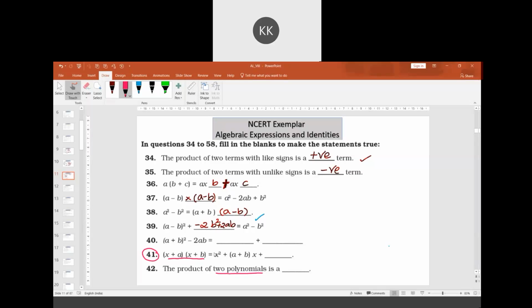On multiplying, we are getting three terms, a trinomial. If two monomials are multiplied, you will get a monomial. If binomials are multiplied, we can get a trinomial. So when a doubt is there, it's better you write it as polynomial.